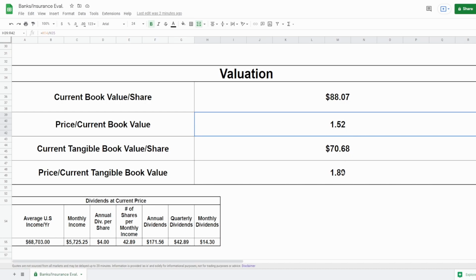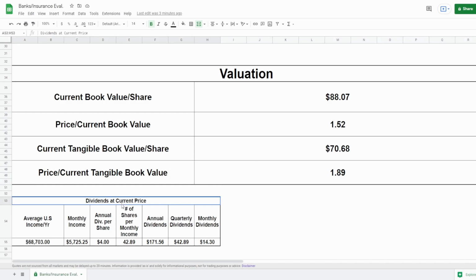At the end of the day, it really just depends on what you want to buy this company at. Obviously, if you want to pay a premium, then that premium is up to you, right? But nonetheless, this is how you put all these values into the calculator and how you use the book value and price divided by the book value to come up with this ratio and what this ratio actually stands for.